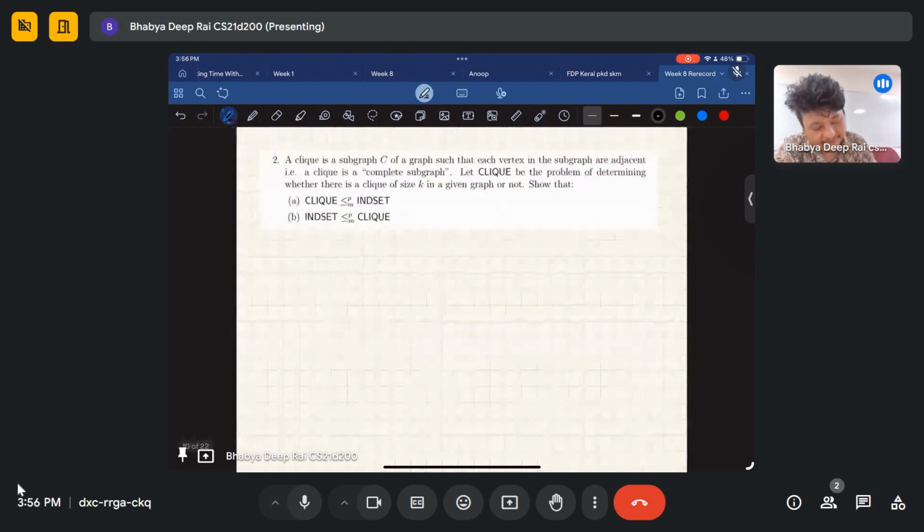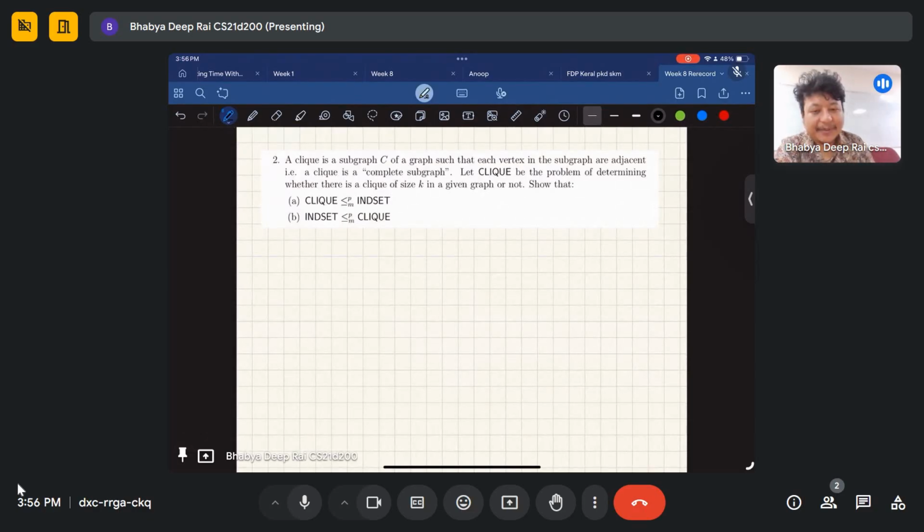So here's what we have. A clique is a subgraph. We already know what a clique is. Now, what is an independent set?